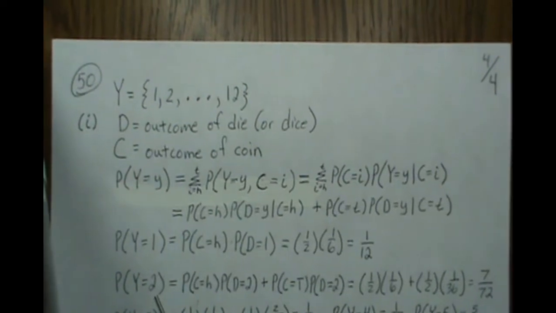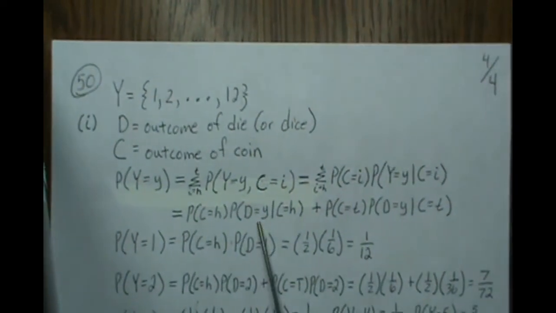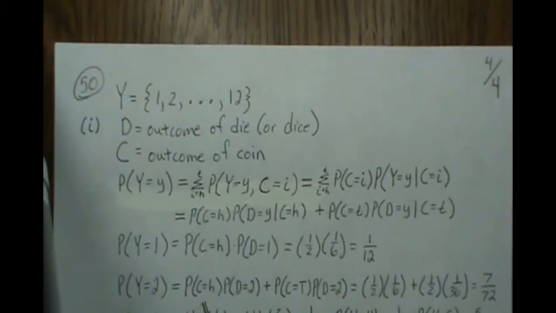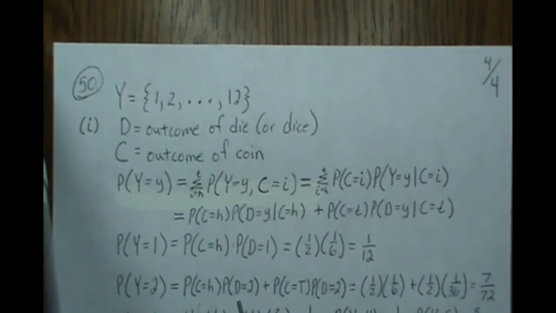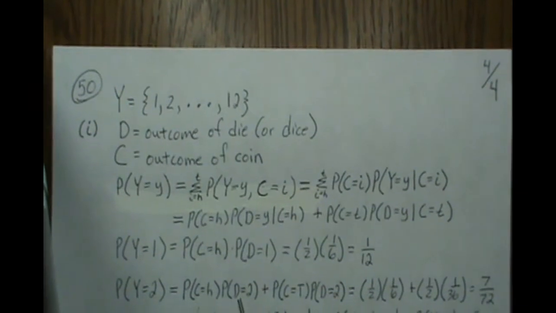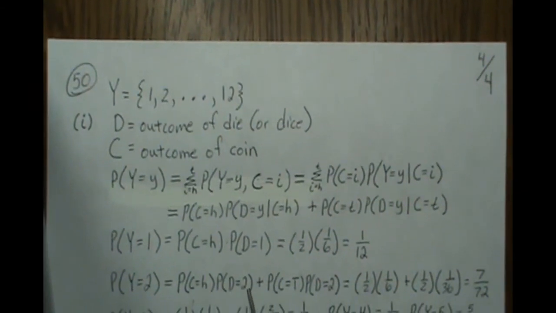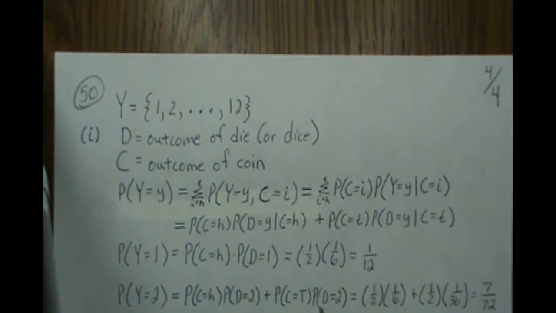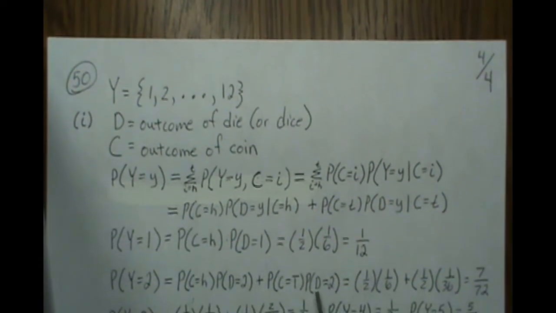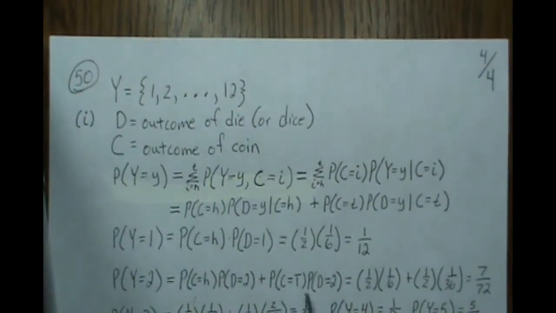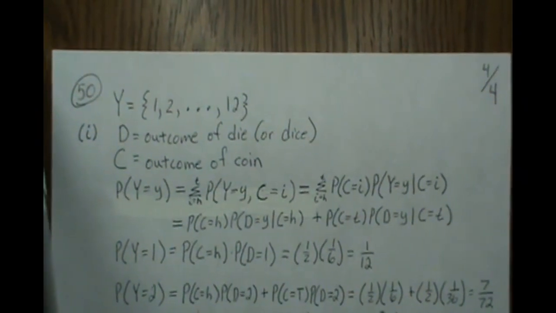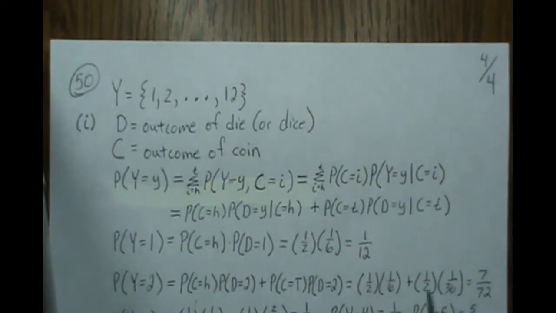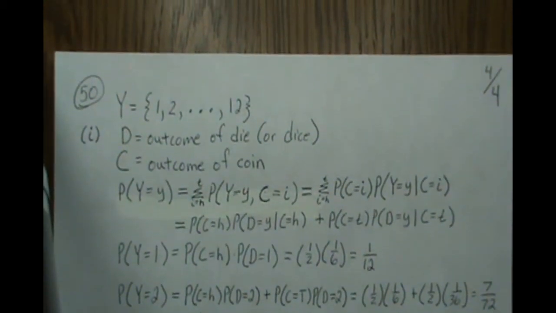So the probability that y is 2, remember we're going to use this notation here, is the probability that we flip a head, and then the probability that on the die we roll a 2, given that we flipped a head, plus the probability we flip a tail, and the probability that the sum of the two dice is 2 given that we flipped a tail, which is 1/2 times 1/6 plus 1/2 times 1/36, which is this.